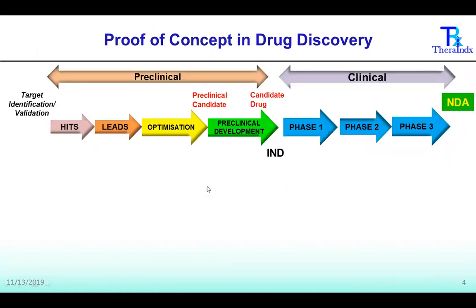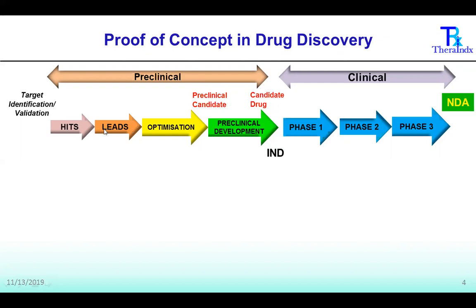So what is proof of concept in drug discovery process? As you're all aware, the drug discovery process is divided into two major components. One is the preclinical stage and one is the clinical stage. All drug discovery programs begin with a target identification that is implicated in a disease. And then hundreds of thousands of compounds are screened on this target, which yield potentially promising compounds, which we call hits.